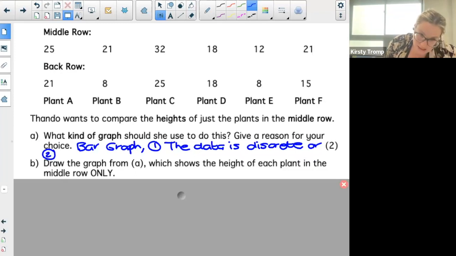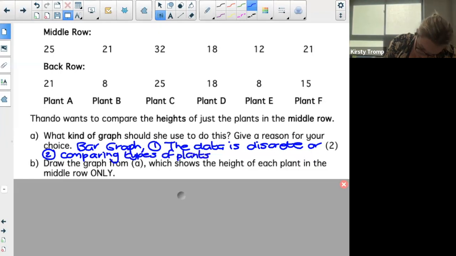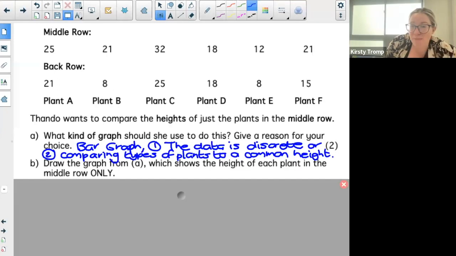So number two, we can say here: comparing types of plants to a common, we can say, because height would be common. As long as what you say makes sense, no problem.